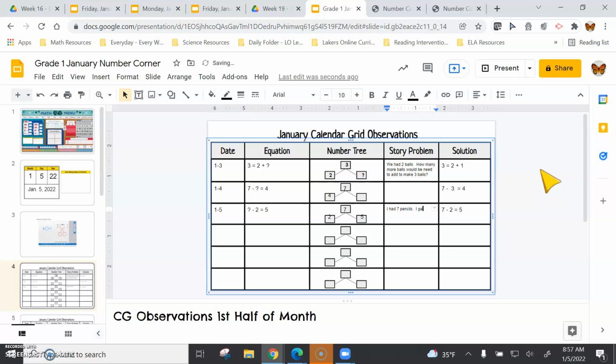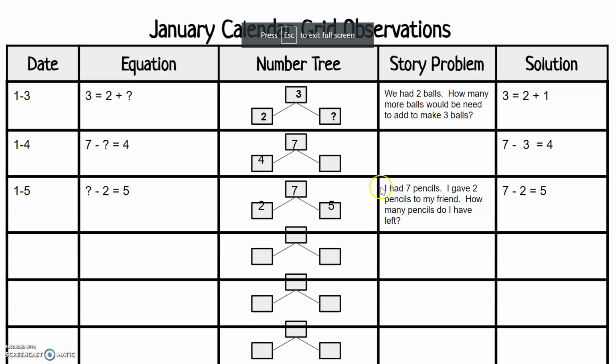I gave 2 pencils to my friend. How many pencils do I have left? I'll make it big enough for you to see it.